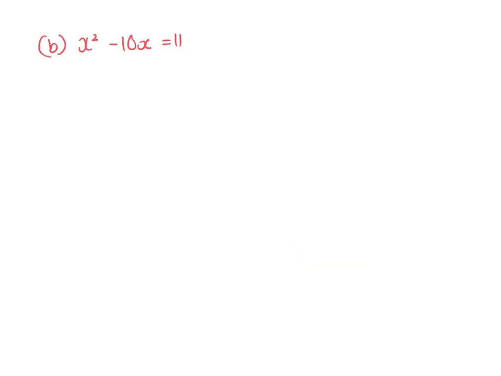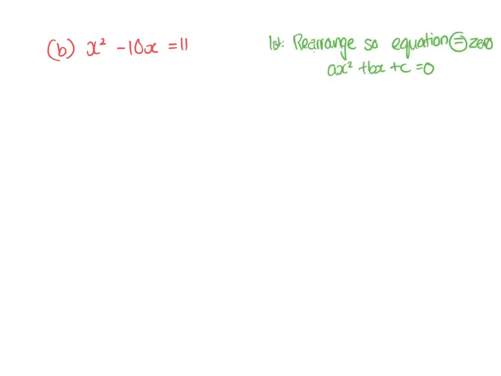Okay, with this next one, we're still being asked to solve x squared minus 10x equals 11. Remember when we solve a quadratic, we need all the terms on one side and the other side equaling 0. So I'm going to move this 11 over the equal sign, so it will do the opposite: at the moment on this side it's plussing, so it's minusing on that side, and I've let it equal 0.